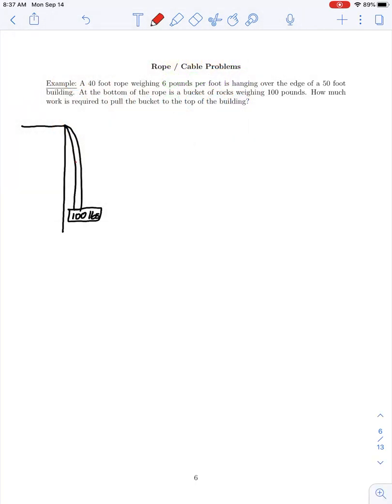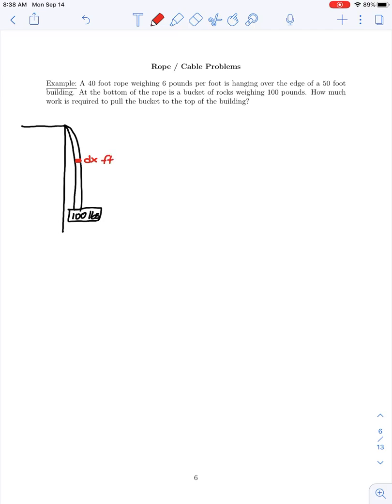Let's suppose that we have a small section of rope. So let's think about slicing this rope up into small pieces of a length dx feet. So these little small sections that we're going to take will be of length dx measured in feet here.